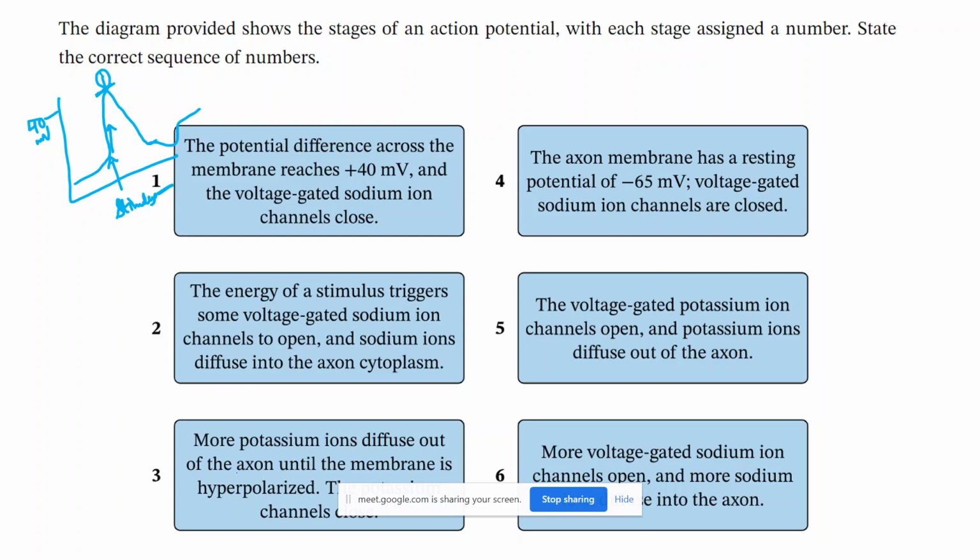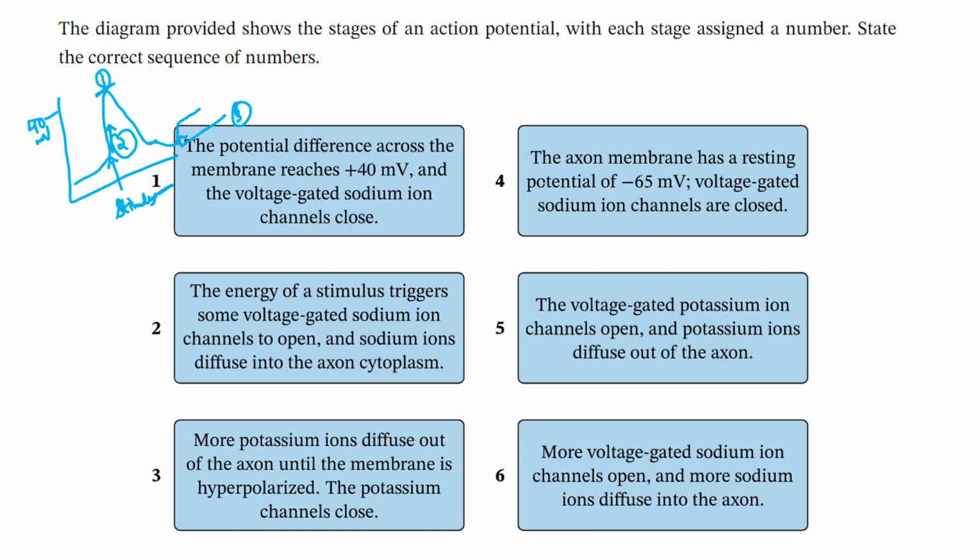Then the third statement: more potassium ions diffuse out of the axon until the membrane is hyperpolarized, and the potassium channels close. So this hyperpolarization is the step which is here. So this is the third statement. The second will be somewhere around here.